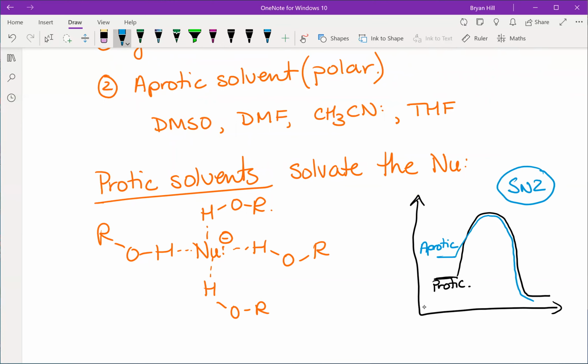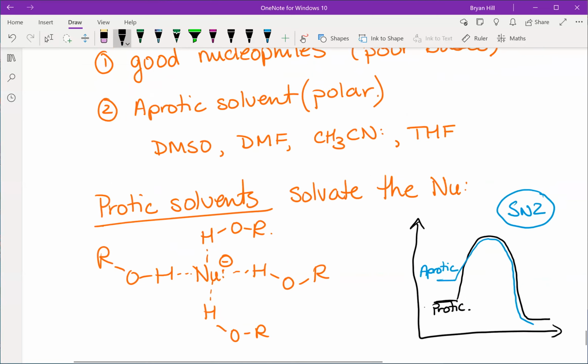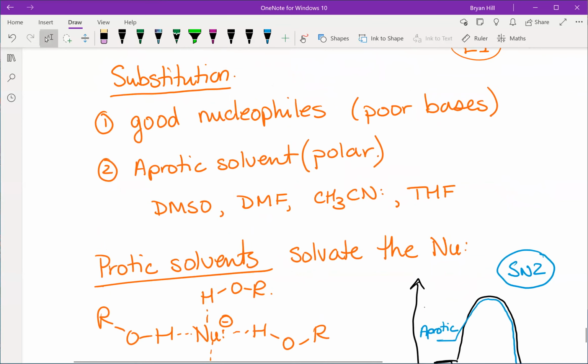Now remember, the elimination reaction diagram looked very similar to this, just an E2 looked very similar to this. So to do a substitution, you want good nucleophiles, so poor bases, and you want aprotic solvents.